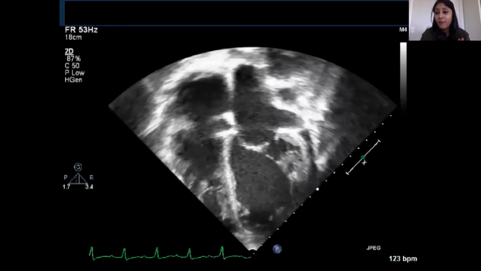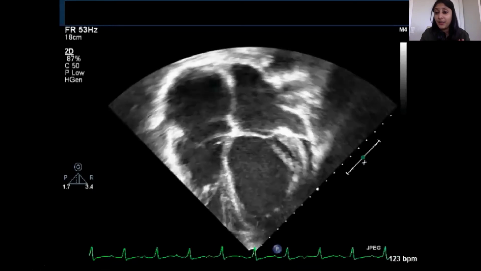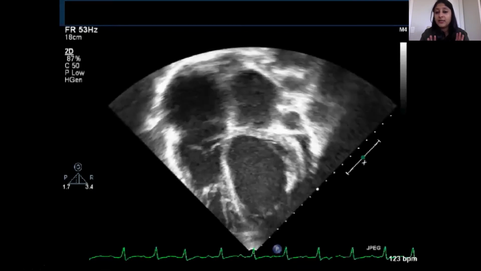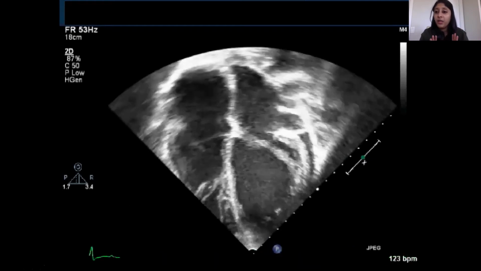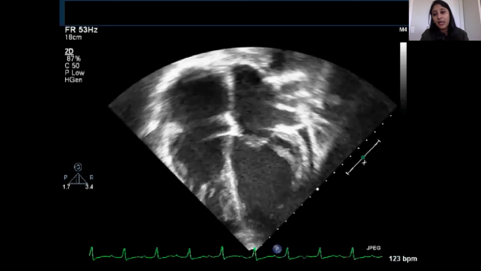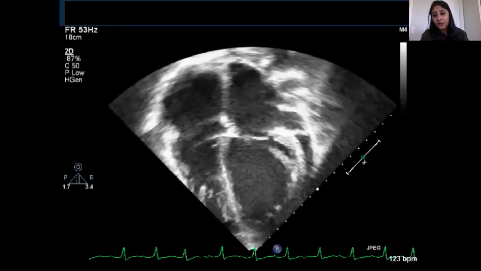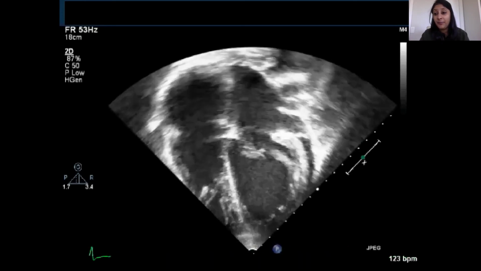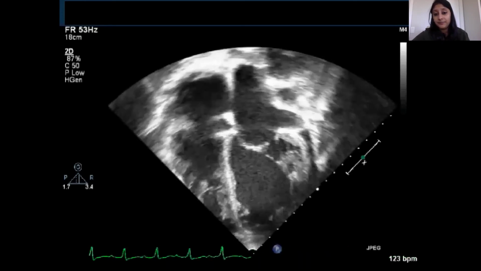This is the problem in dilated cardiomyopathy. The muscle itself has become very weak, and it's unable to pump that blood all the way to the rest of the body. And the body is unable to get enough blood. This is the main problem in patients who have dilated cardiomyopathy and heart failure.